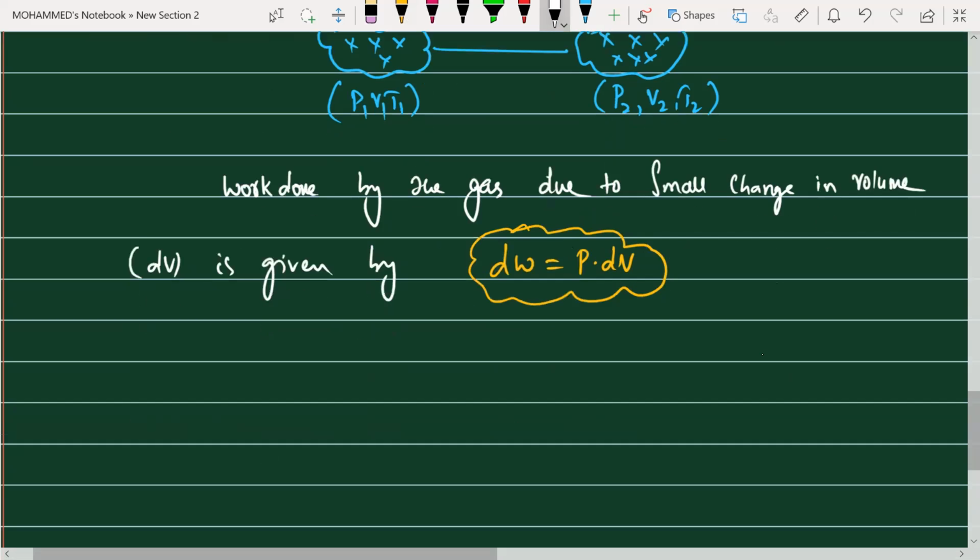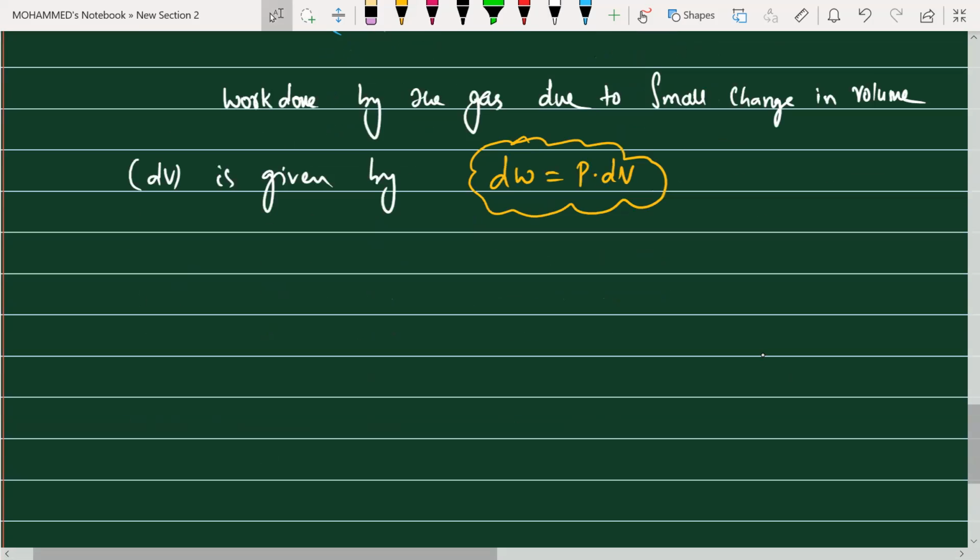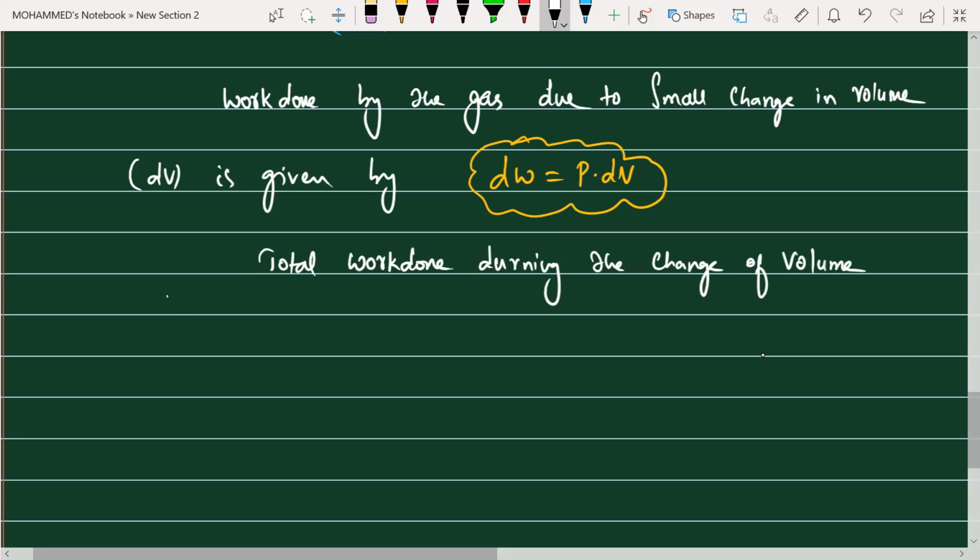Now for total work done, what do you do? Integration. So total work done during the change of volume from V1 to V2, how do you write this, beta? dW is equal to P dV.